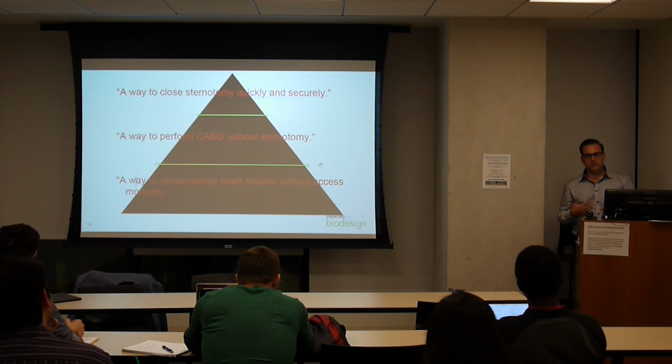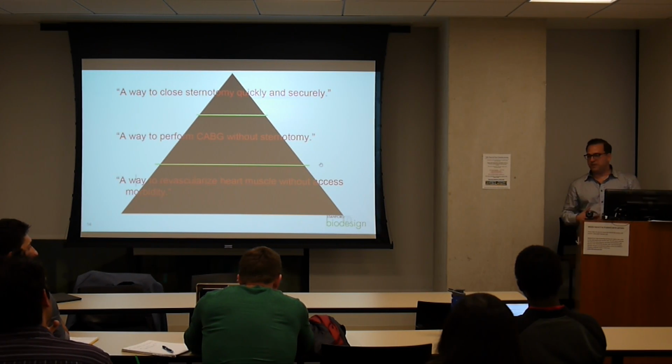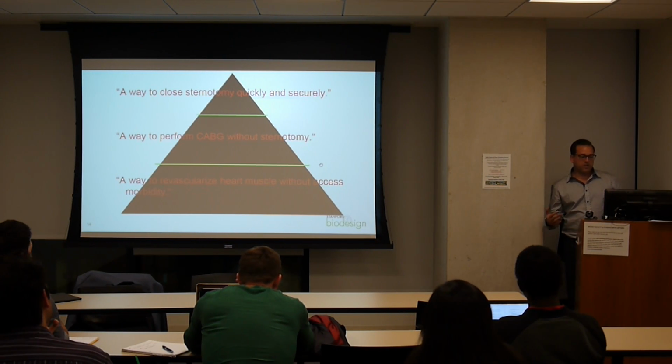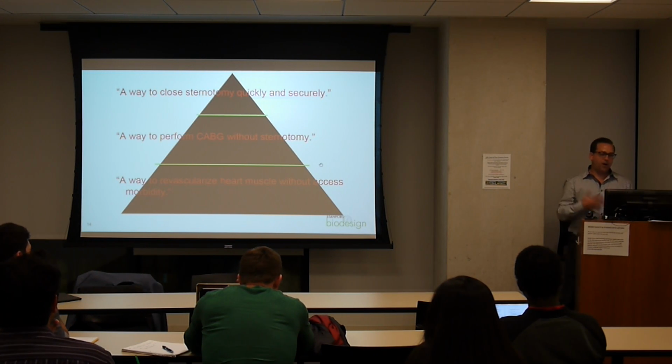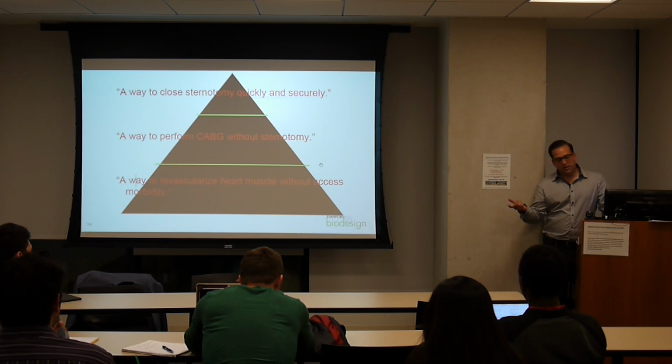So then all of a sudden you can do this procedure without opening the chest. That sounds way better. And then you go even broader and you say a way to revascularize. That's the issue: the heart tissue is not receiving the vascularization it needs, and then the quantifiable outcome is without access morbidity.